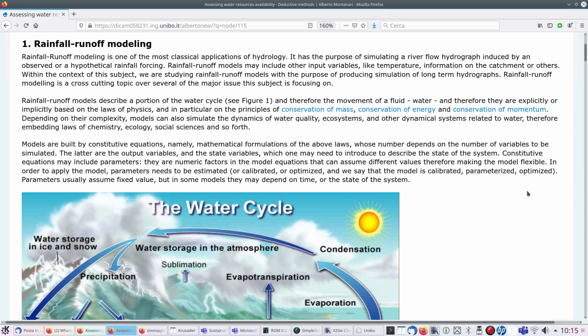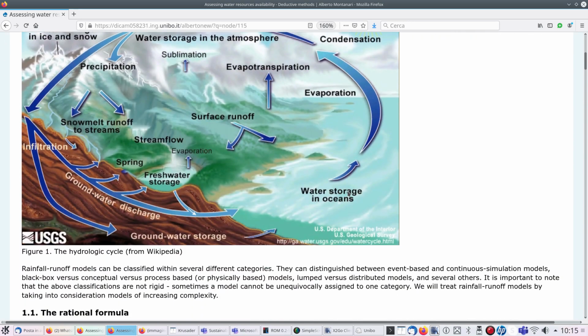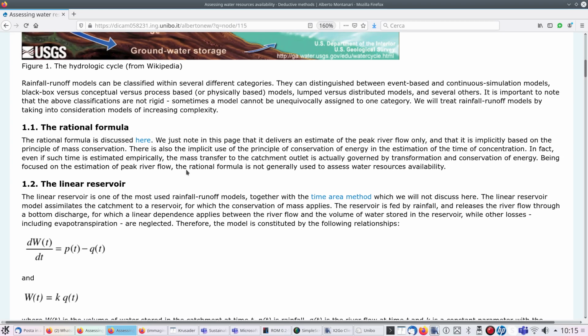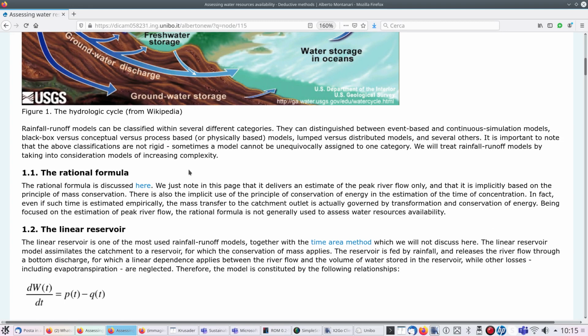And then in 1850 the Irish engineer Mulvaney developed the first rainfall runoff model. This first rainfall runoff model is the rational formula. We are not discussing it much because the rational formula is not typically used for water resources assessment.